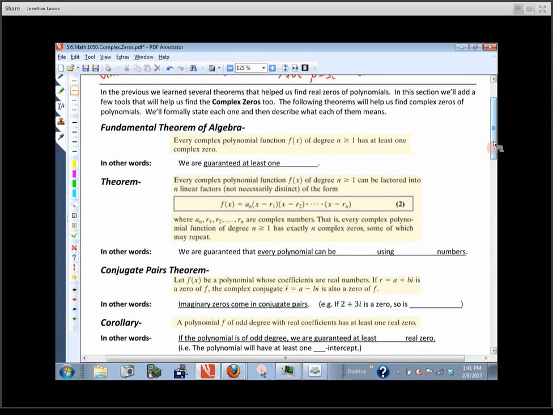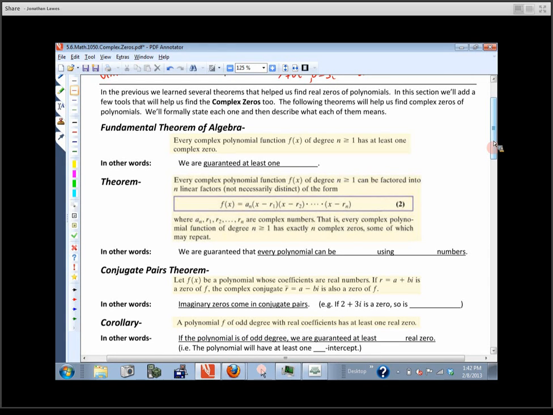Okay. All right. So we're going to go over something called the fundamental theorem of algebra. This is how important polynomials are. It's like the basis for a lot of the stuff that's done in algebra. It says every complex polynomial function of degree n greater than or equal to 1 has at least one complex zero.